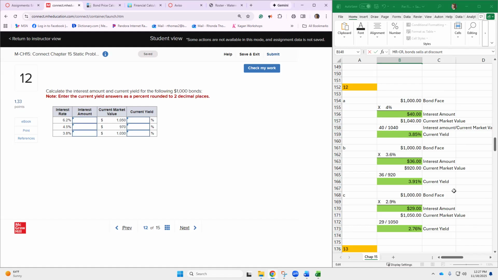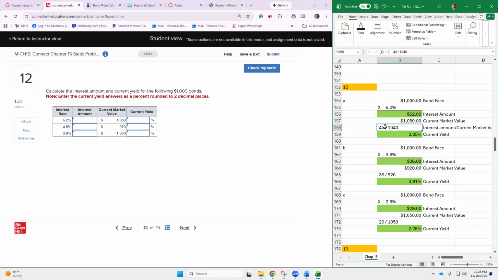Okay. Calculate the interest and the current yield for the following $1,000 bonds. Okay, the first bond pays 6.2%, so that's going to be $62 of interest. And then the current market value is $1,050.